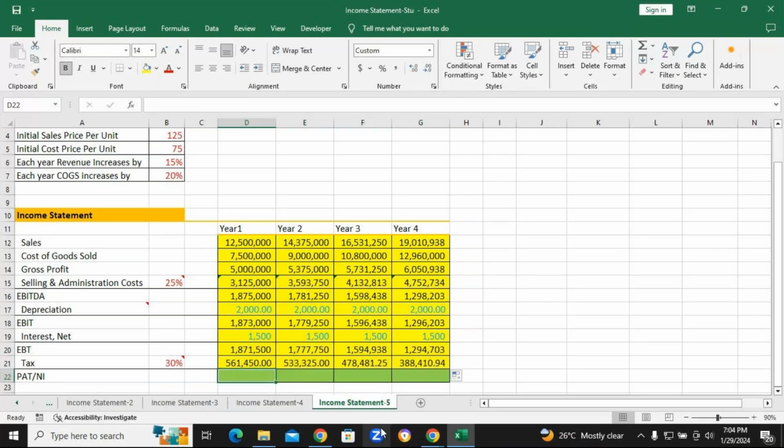Profit after taxes equals EBT minus tax. I'll drag it towards my right. So these are the values you will get after your income statement calculation for 4 years.